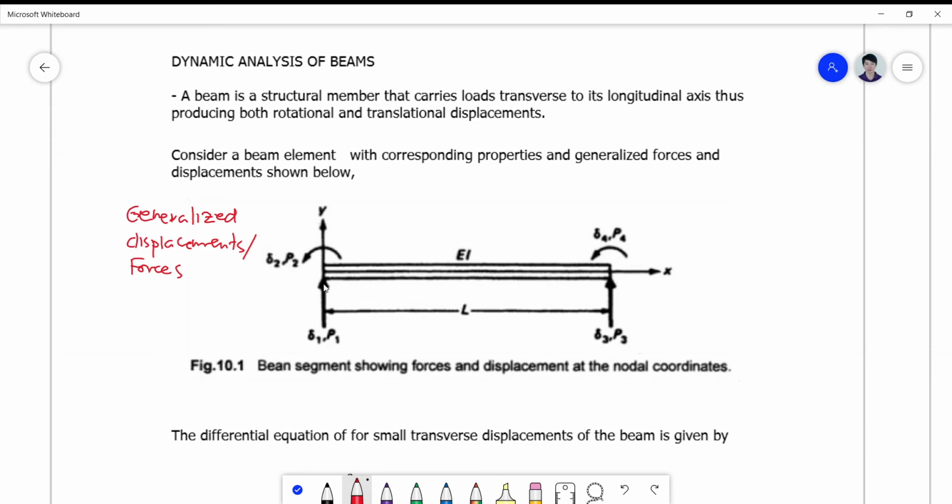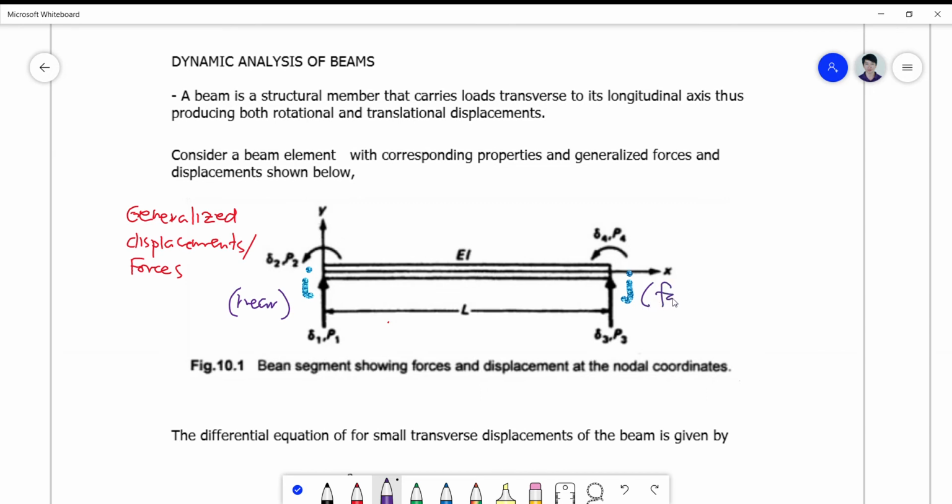So for your numbering, we have here the first DOF, which constitutes your translational displacement at the near end of the beam. Okay, so we have here your I node, and here your J node. So these are now your near and your far.